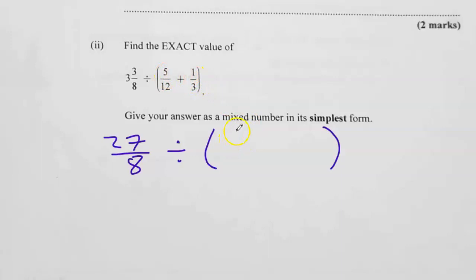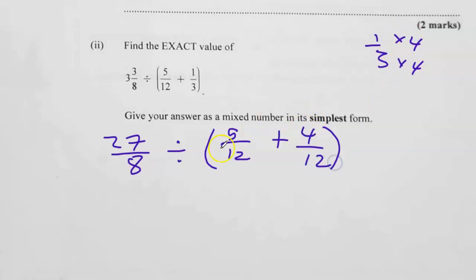LCM would be 12, so this is 5/12. And 1/3, we can rewrite that as 4/12s. So this is 27 over 8, divided by, add these two fractions, we get 9 over 12.